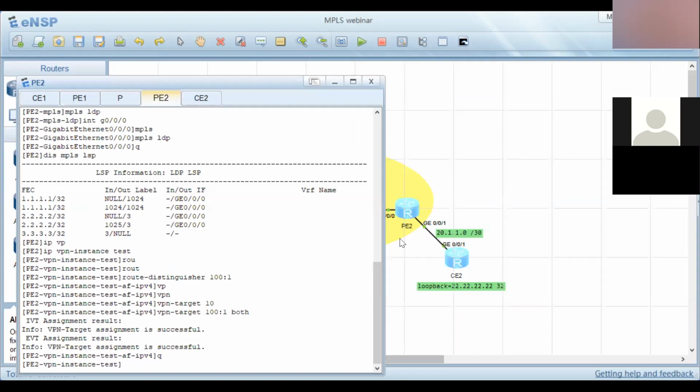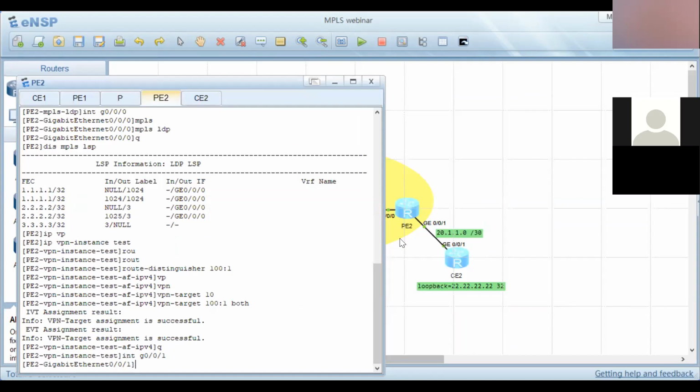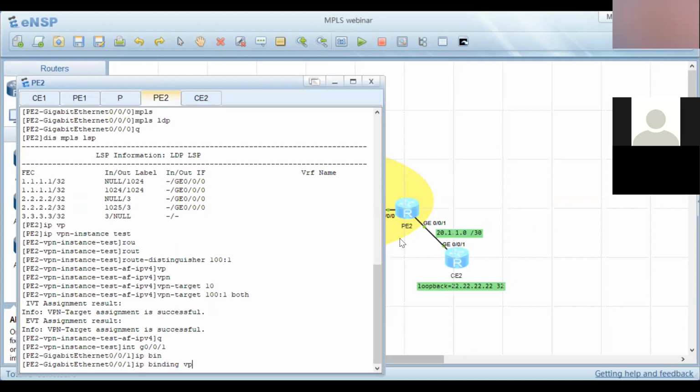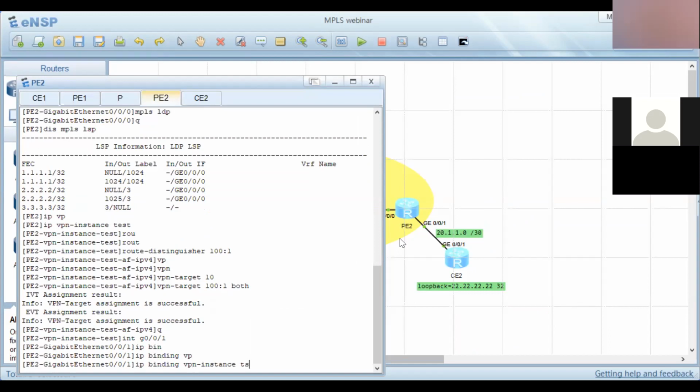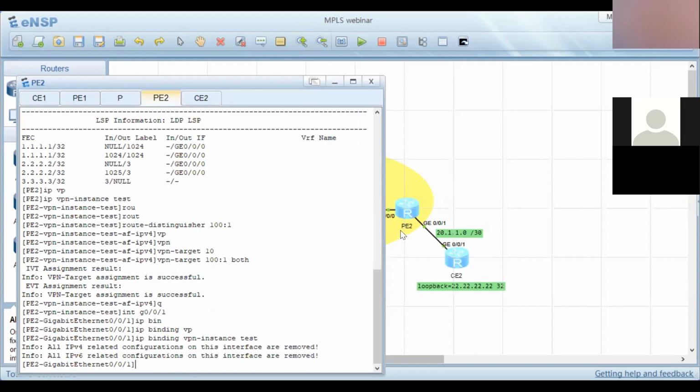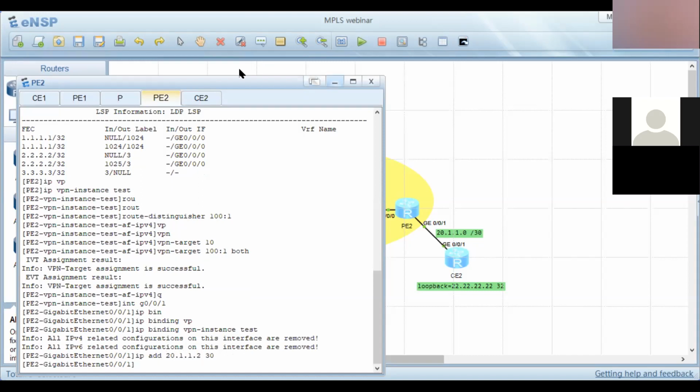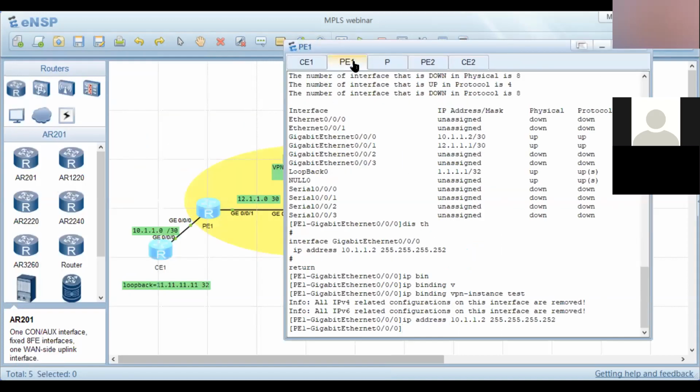That means G0/0/1, interface G0/0/1, IP binding VPN instance test. And we'll configure the IP address again, 20.100.230.